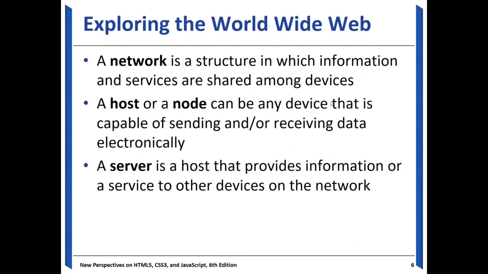When we look at the web, the World Wide Web is a network. Networks are structured so that information and services are shared among devices. So what you're doing is connecting to a central location that allows you to connect to other servers, computers, and so forth. A host or node can be any device that is capable of sending and receiving data electronically. A server is a host that provides information or service to other devices on the network.